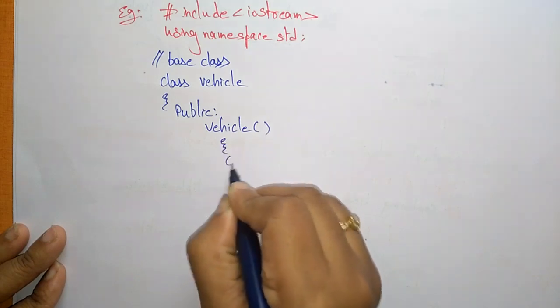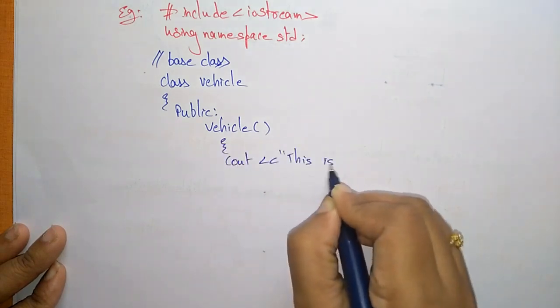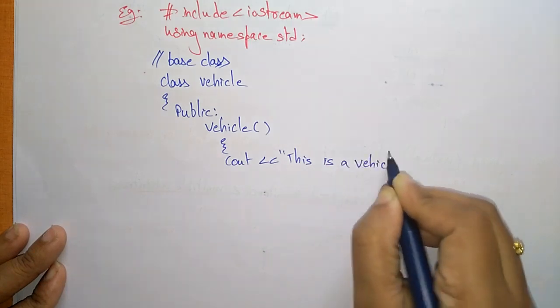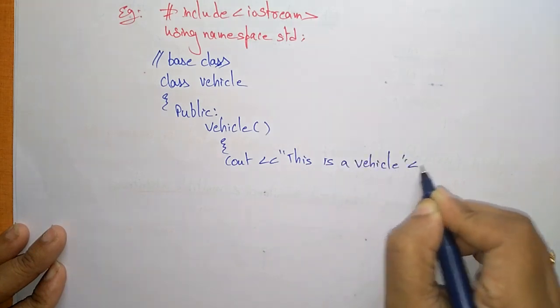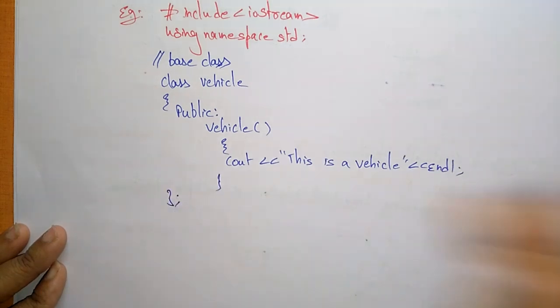Here I am printing the message with cout: This is a vehicle. So close this base class.